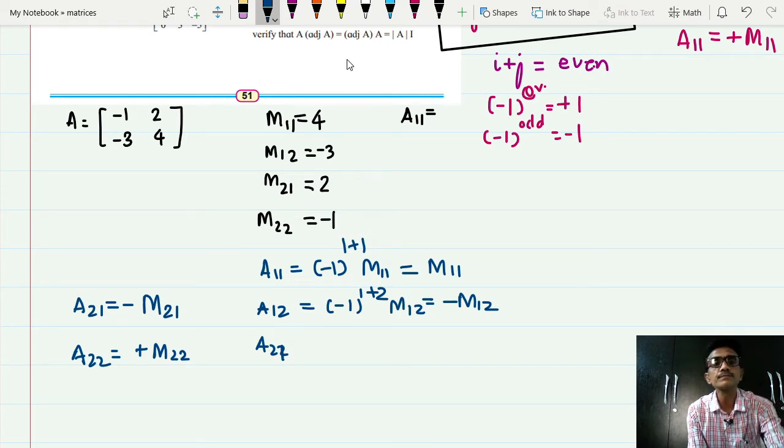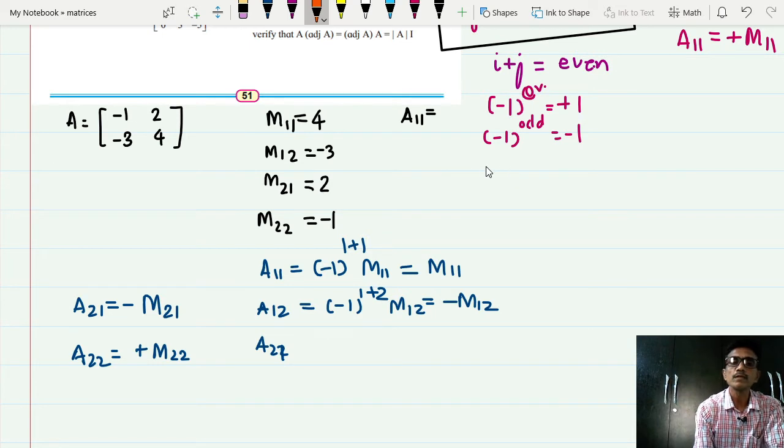Now we have got M11. So therefore A11 is equal to M11, and it is equal to 4.